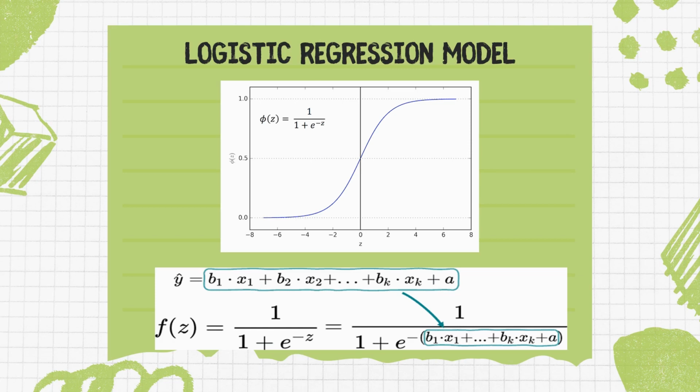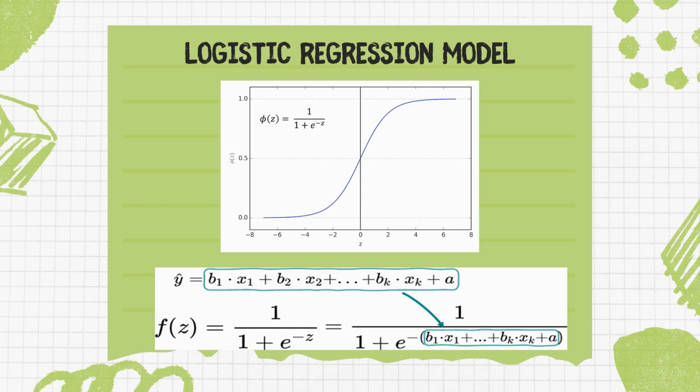Here you're seeing the features x1, x2 up to xk, and then there is a bias term a, and then you have a set of weights from b1 to bk, which determine how much influence each feature has on the outcome. We first calculate the weighted sum, and then we feed this weighted sum into the sigmoid function which I spoke about a little earlier.